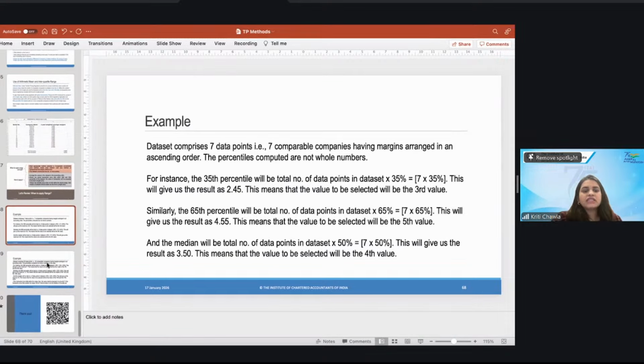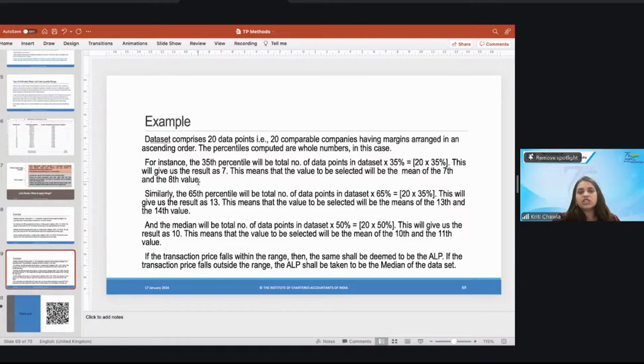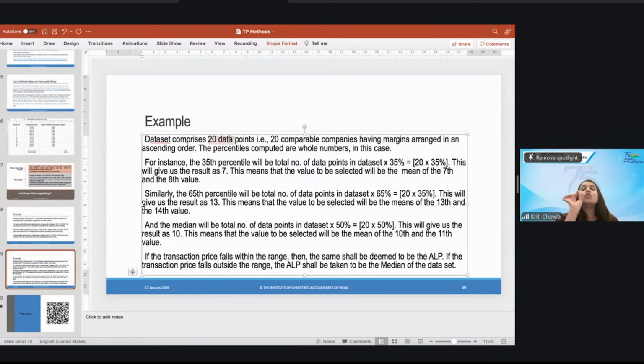Okay. Now, the next thing is what happens in the situation where this is going to be a whole number. Let's say that there are 20 data points, 20 comparable companies out there. The first thing again is to arrange them in ascending order. Now, what will be the 35th percentile? 20 into 35% actually gives you 7.